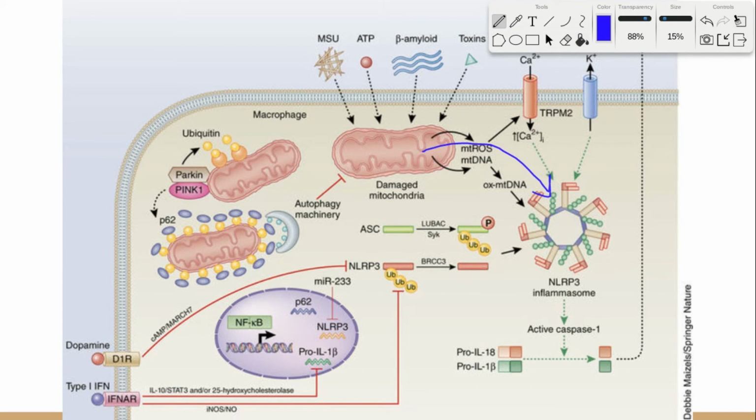The exact mechanism of how mitochondrial DNA and reactive oxygen species cause NLRP3 to oligomerize is not understood. But regardless, calcium is most definitely capable of destabilizing mitochondria. Right, a very simple pathway.